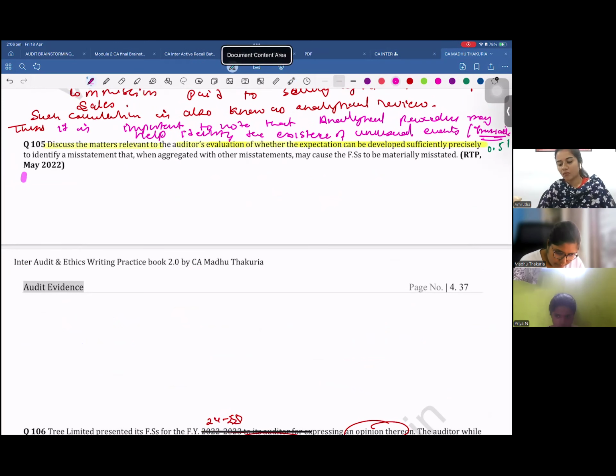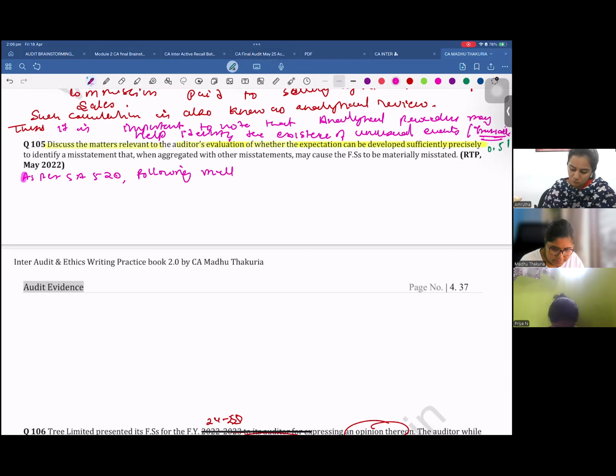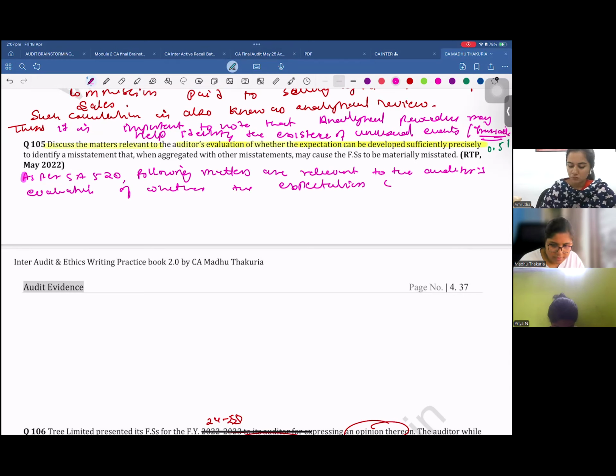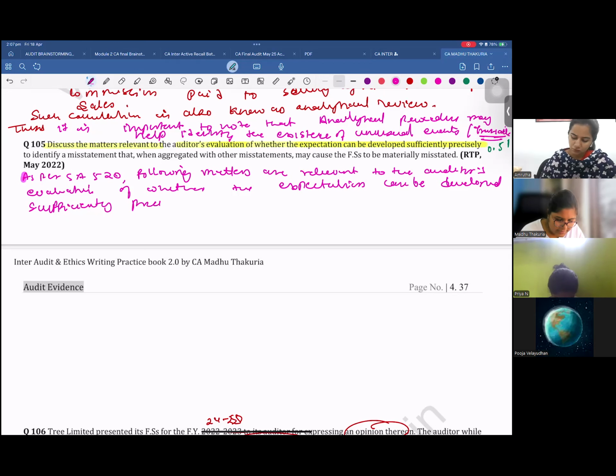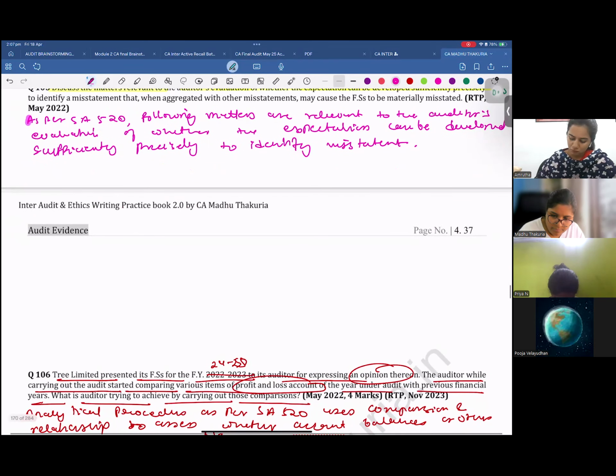As per SA 520, the following matters are relevant to the auditor's evaluation of whether the expectation can be developed sufficiently precisely to identify misstatement that may cause the financial statements to be materially misstated.